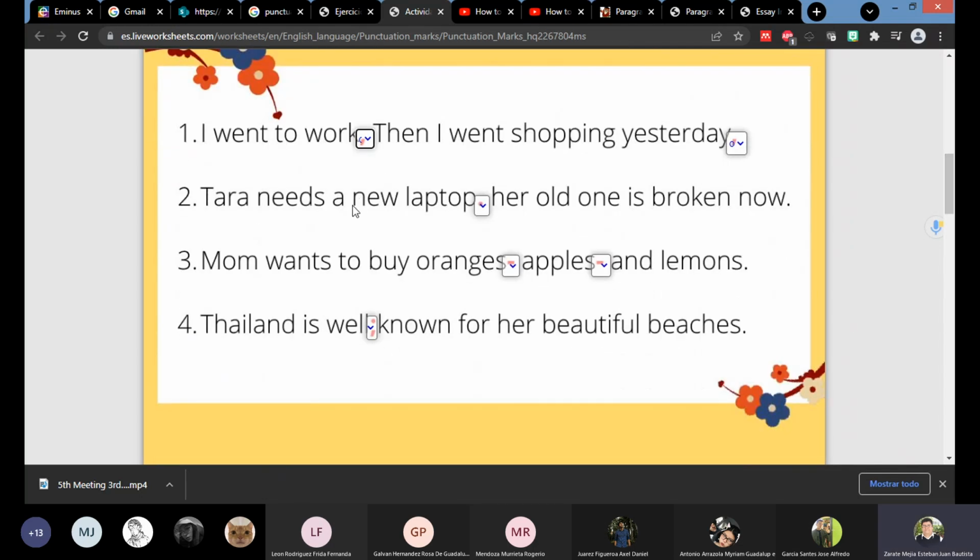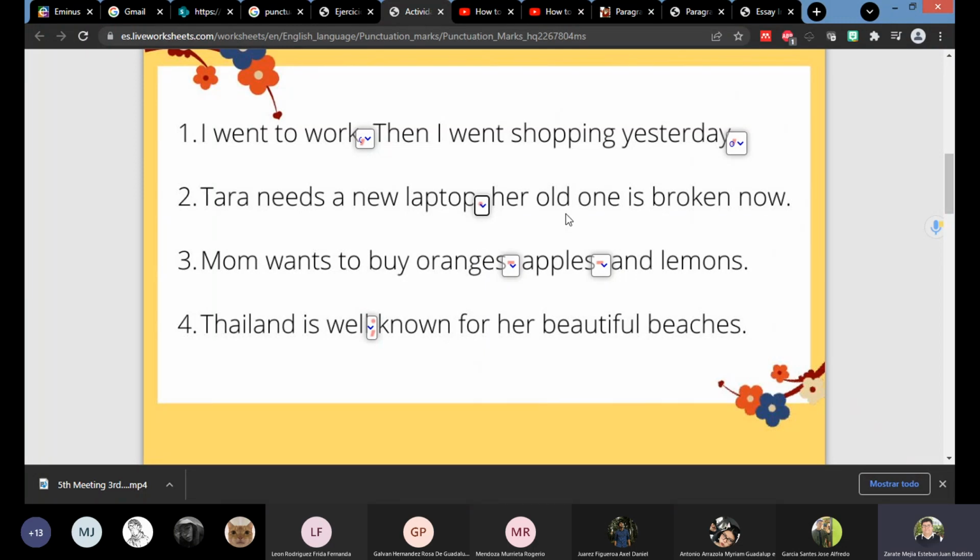A ver, vamos con el número 2. ¿Qué signo de puntuación le pongo aquí? Punto y coma. Así es, punto y coma.